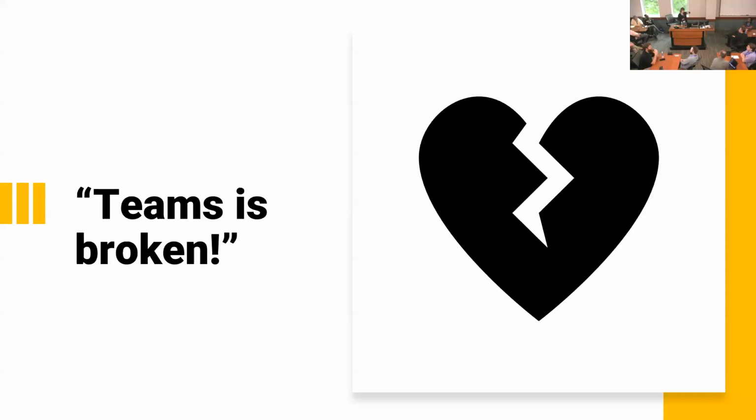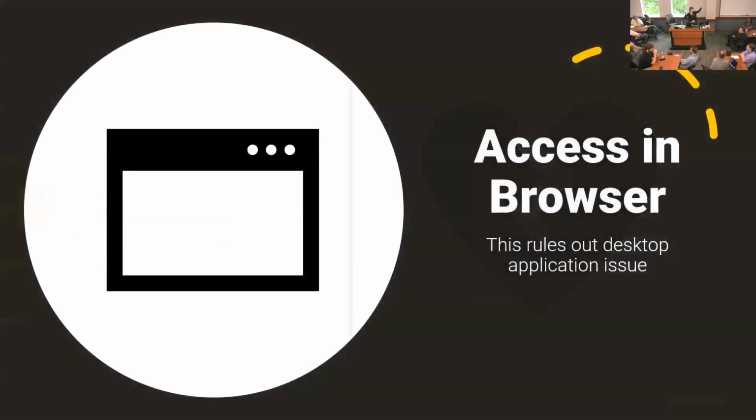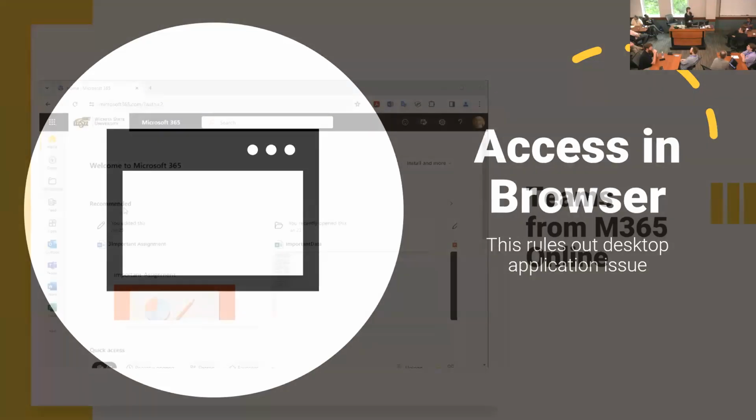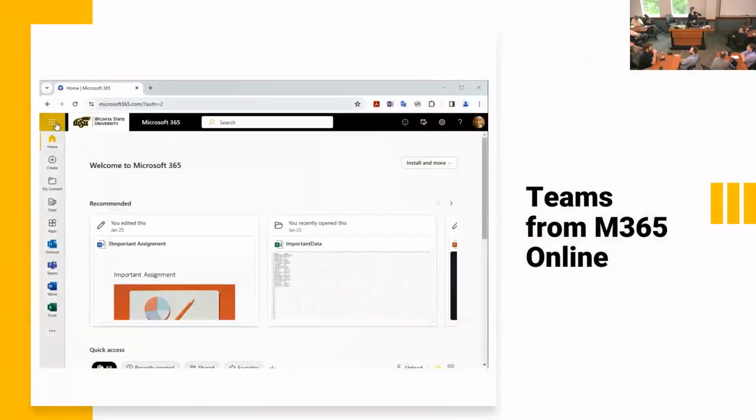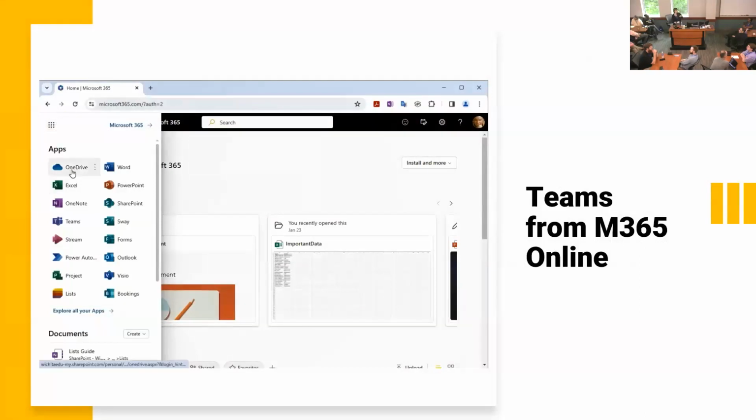If there's something generally wrong with Teams, get them to a browser. Preferably a private browsing window if you can, incognito on Chrome or the private browsing window in Edge. And so we actually made a little video to show you what I mean here. So getting them into 365, going to the waffle, go into Teams in the actual browser.